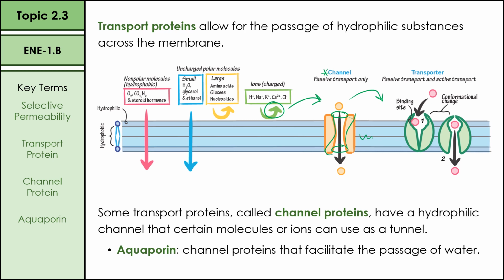One type of channel protein that we rely on a lot are called aquaporins. So aquaporins, as the name suggests, transport water. So this is one of the ways that water can easily get into and out of cells. But let's say that we have a molecule that cannot pass through a channel protein.